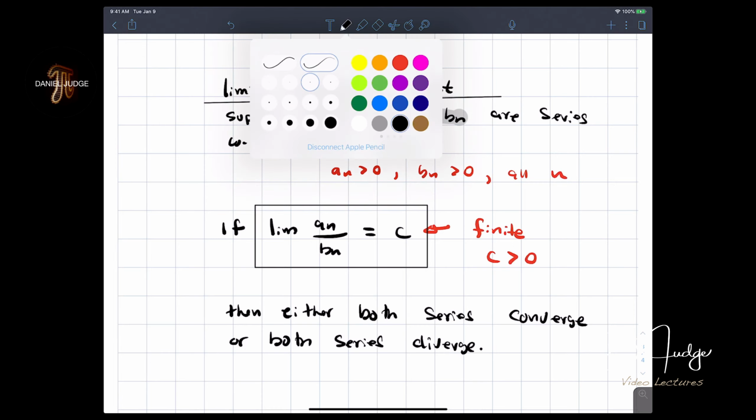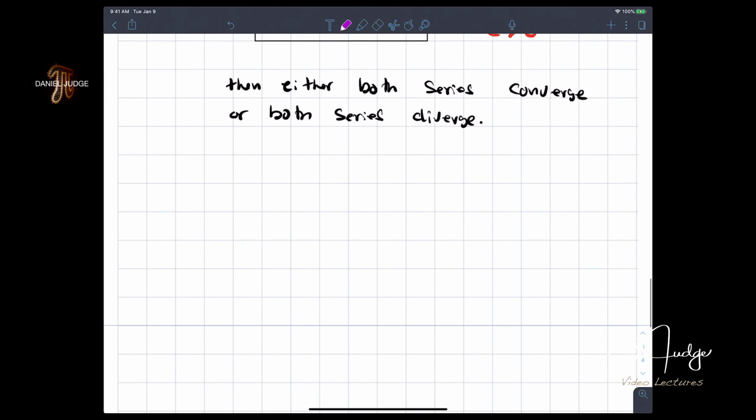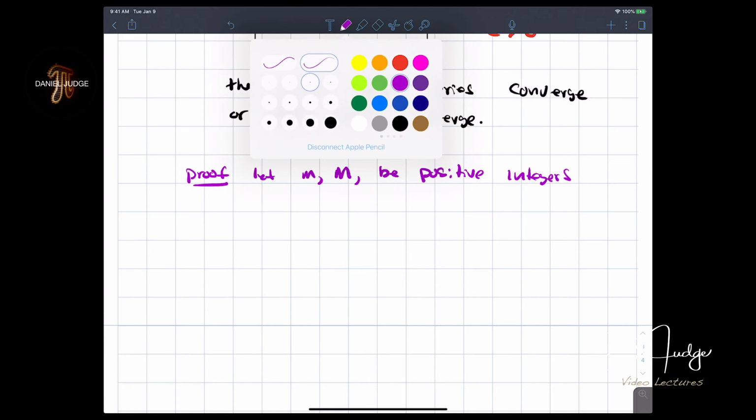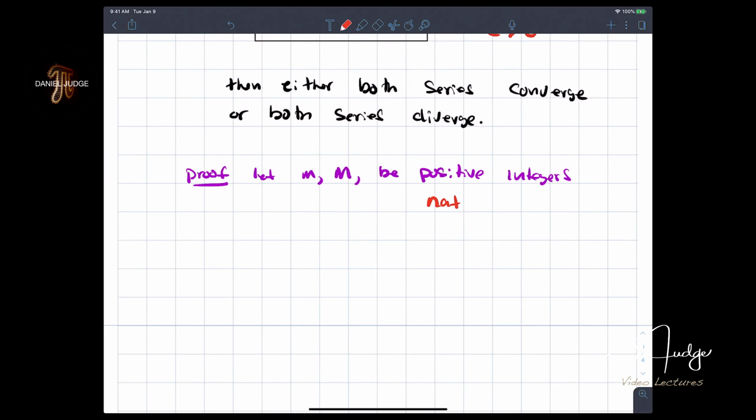Now, like I said, I'm going to give you guys the proof of this. So here's the proof, and it starts by simply saying, let little m and big M be positive integers. I actually prefer, personally, saying natural numbers, because that makes them positive integers, right?